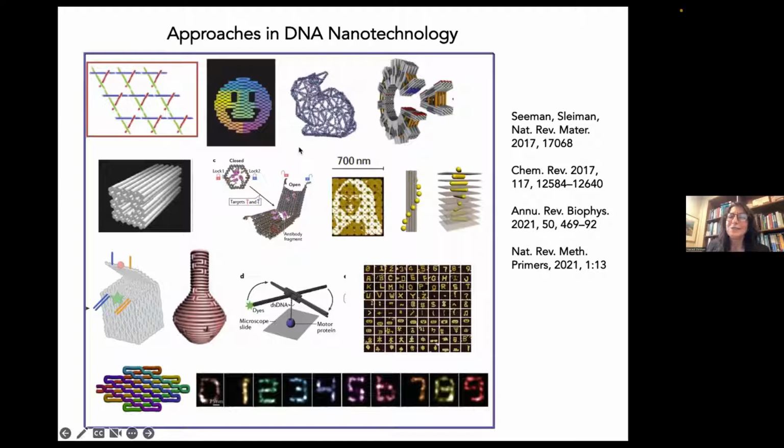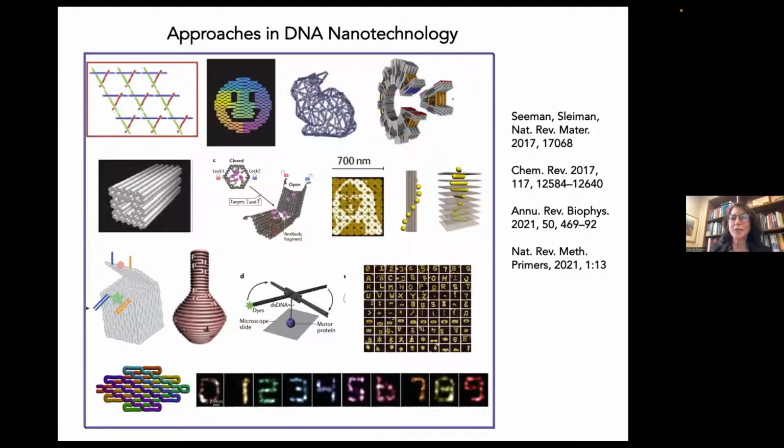These structures use hundreds of different DNA sequences, 200, 300, to create one structure. While they're very interesting molecules, they might be difficult to apply in drug delivery because of their complexity. In fact, you would need to know the biological activity of every one of the components of these DNA origami structures.